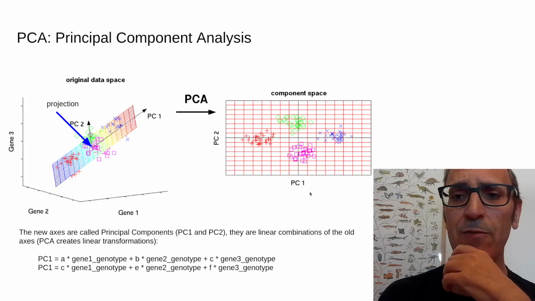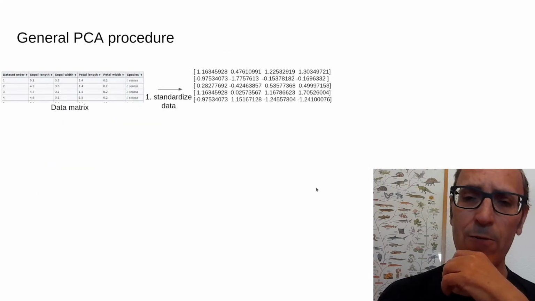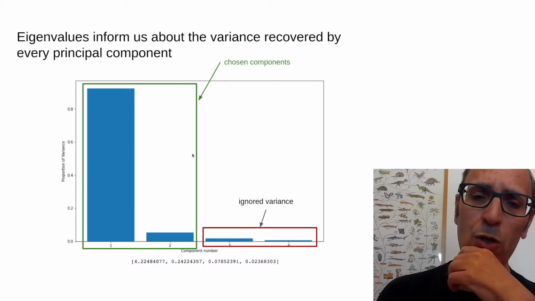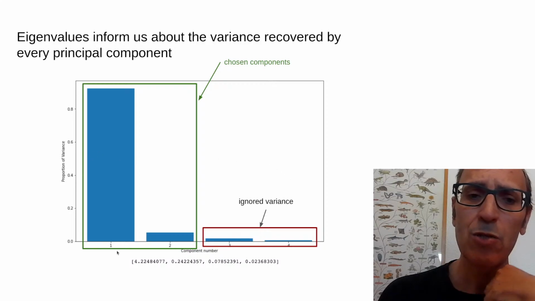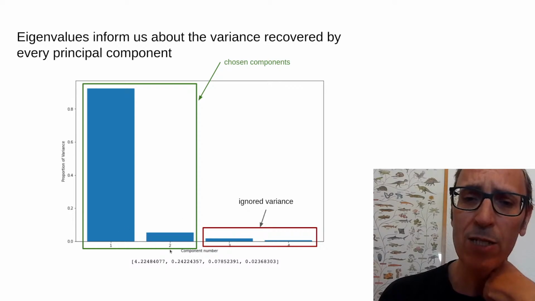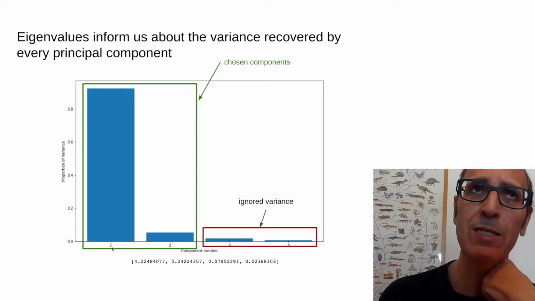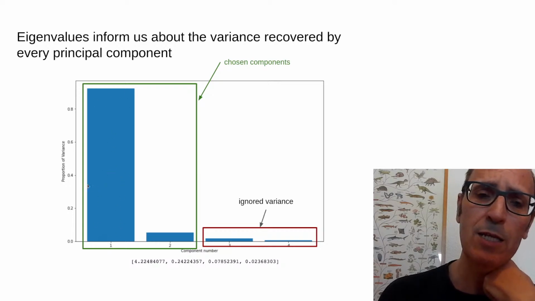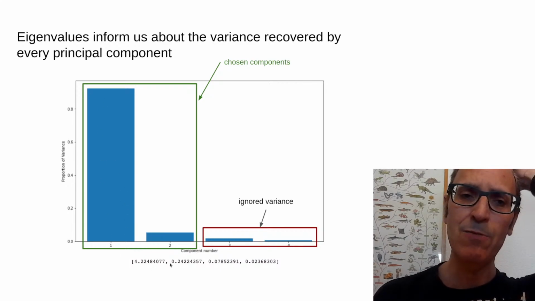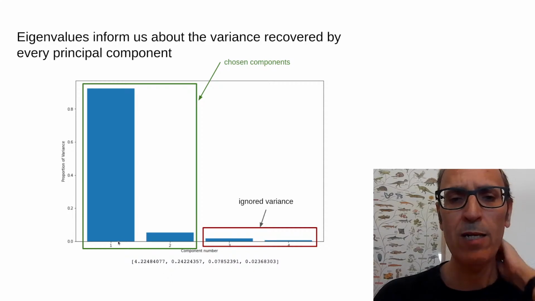For instance, if a principal component gets 50% of the variance, that is derived from the eigenvalue, okay? So the eigenvalue says how much of the variation each principal component is showing. In this example, principal component 1 reflects almost 90% of the variation, because its eigenvalue is very high, okay?